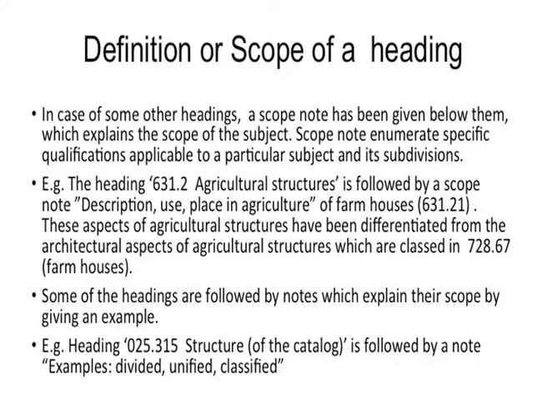Examples have been given: divided, unified, classified. It means three types of catalogs: divided, unified and classified. So, this example clarifies the scope of catalogs, the types of catalogs.